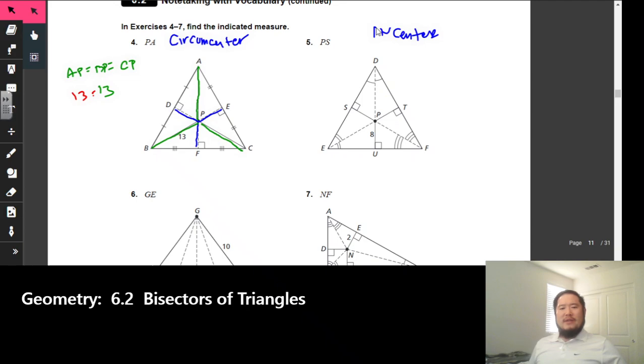What does that tell us? Then we have P to T, P to S, P to U are all congruent to each other. So if P to U is equal to 8, then P to S also needs to be equal to 8 due to our incenter theorem.